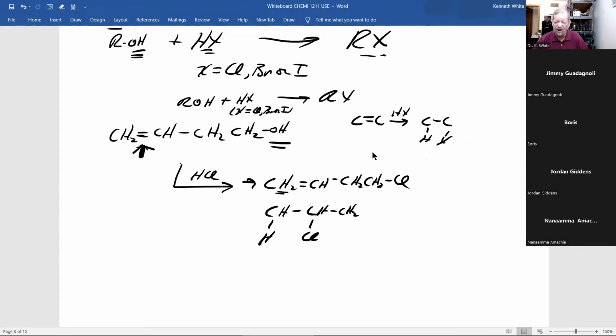And if the alcohol didn't react, you'd get this. If both the alcohol and double bond react, you would also get this. That should be a 2.